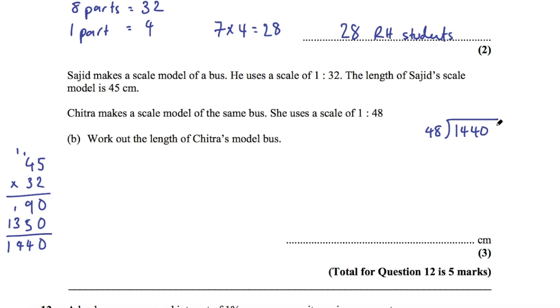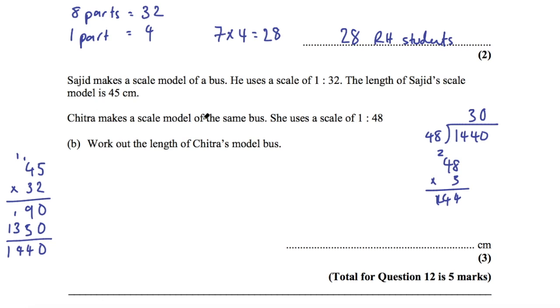So 48 times what equals 144? So 48 times 3 you could try, and so 8 times 3 is 24, carry the 2, 4 times 3 is 12, plus 2, that's 14. So 48 times 3 is 144, so 48 must go into 1,440 30 times.